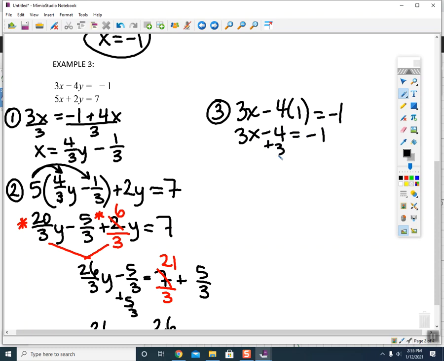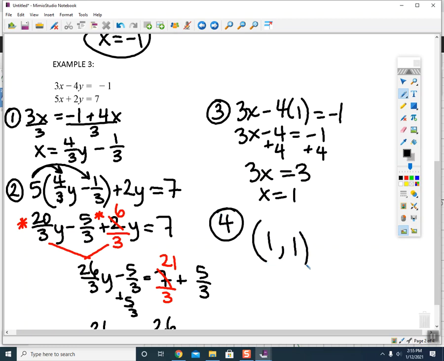I'm going to add 4 to both sides, which is going to give me 3x equals 3. X also equals 1. So that means that my solution for this one is 1, 1.